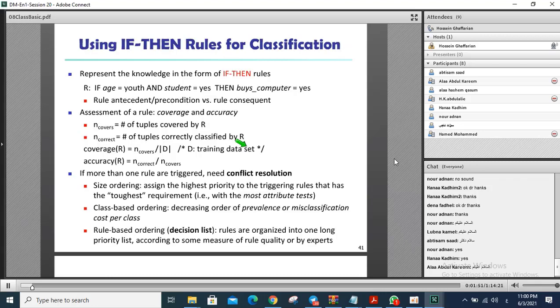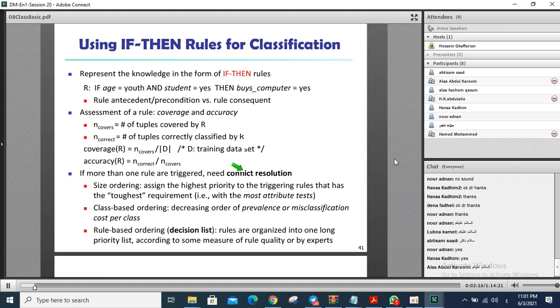During the last lecture, we talked about rule-based classification, and we said that we can use if-then-else or if-then rules to find the class of records.